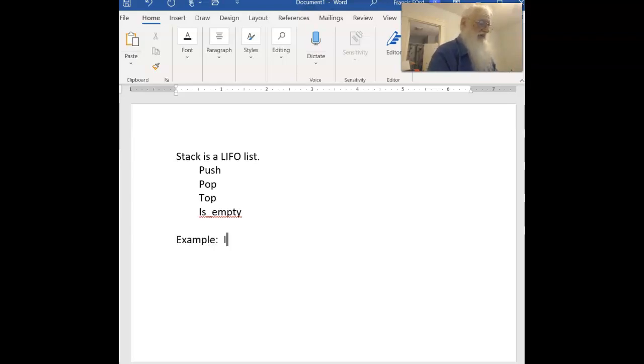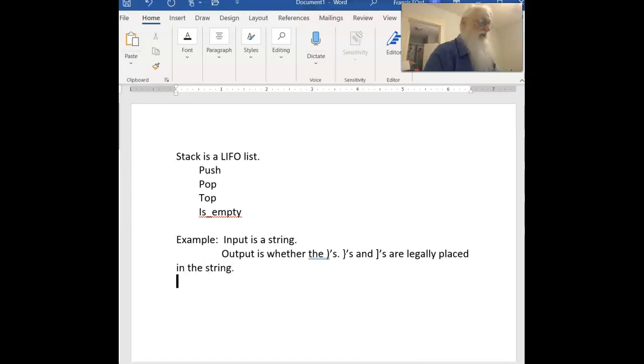I'm going to have the input be a string, and the output is whether the parens, curly brackets, and square brackets are legally placed in the string.